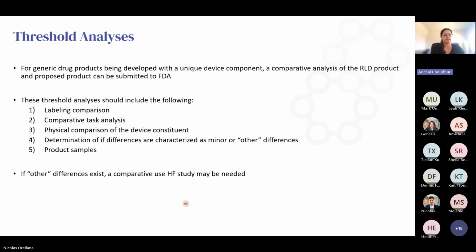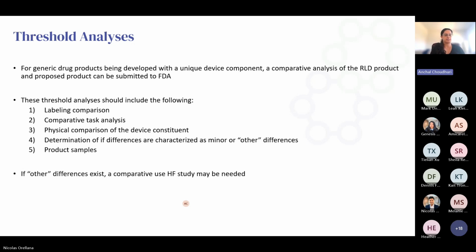And that can be submitted to FDA, and FDA calls these comparative analyses threshold analyses to see if they meet the threshold for needing a human factor study or not.